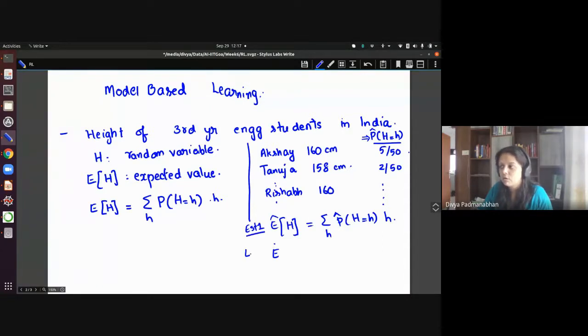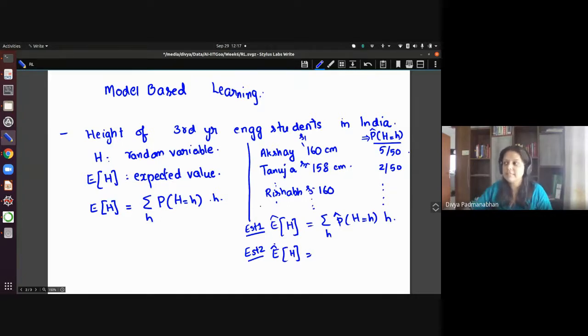Now, another possible estimate is I can just take whatever numbers you gave me. So let me call this sample one. So S1, let me call it S1. So this is sample one, this is sample two, and this is sample three, like that.